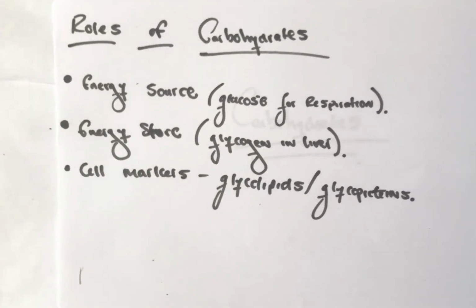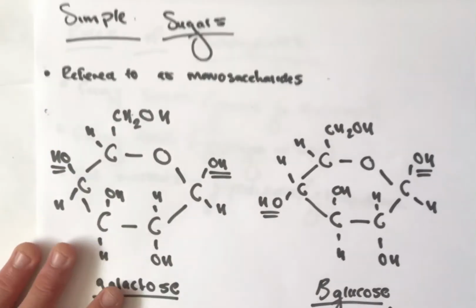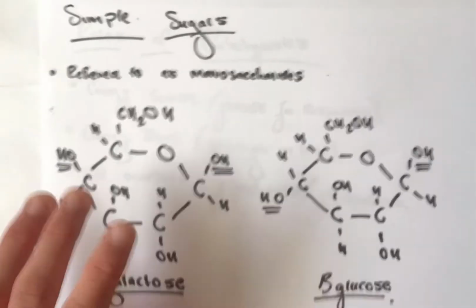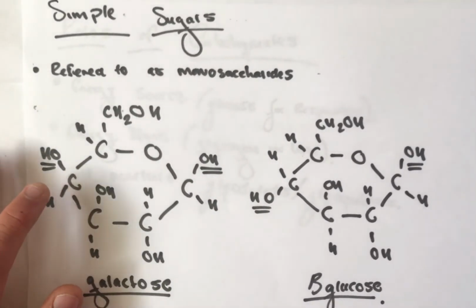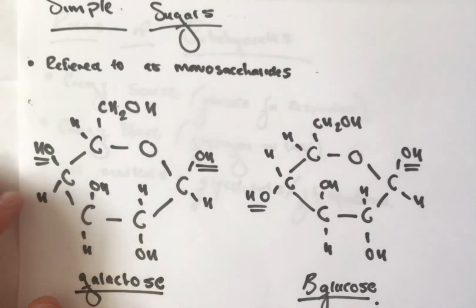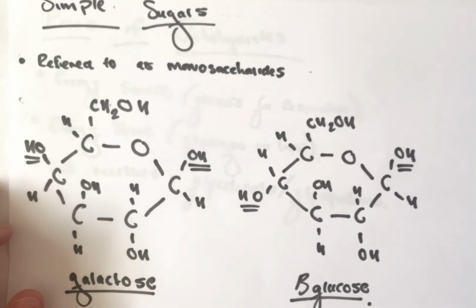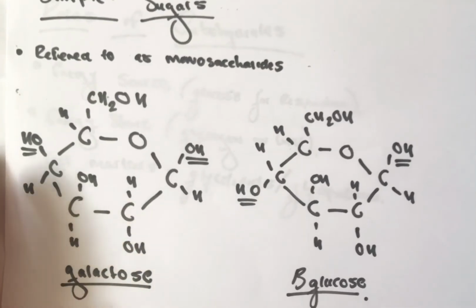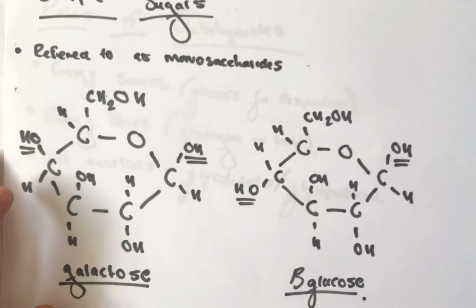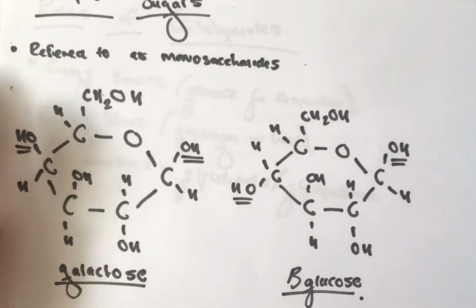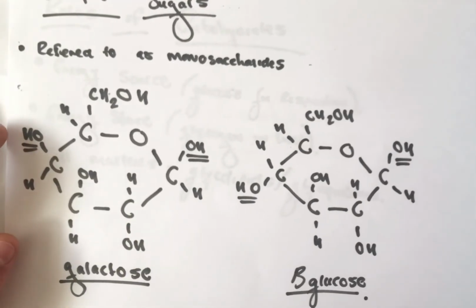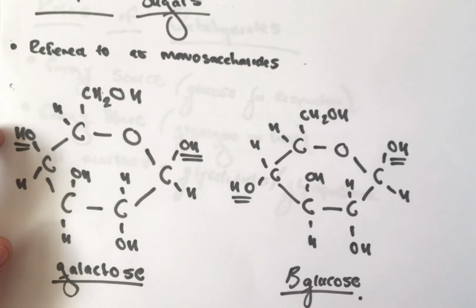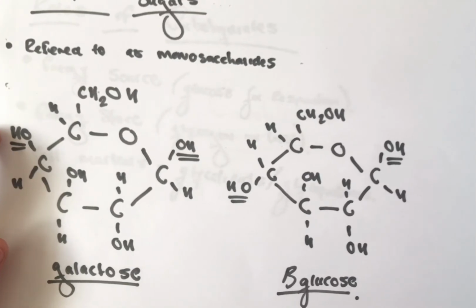We'll move on to simple sugars, which are referred to as monosaccharides. Here you can see I've drawn the displayed formula of two monosaccharides. On the left is galactose, on the right is beta-glucose. They're known as structural isomers because they have the same molecular formula but a different structural formula.